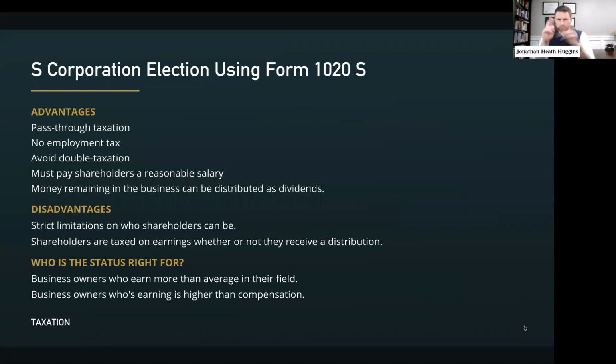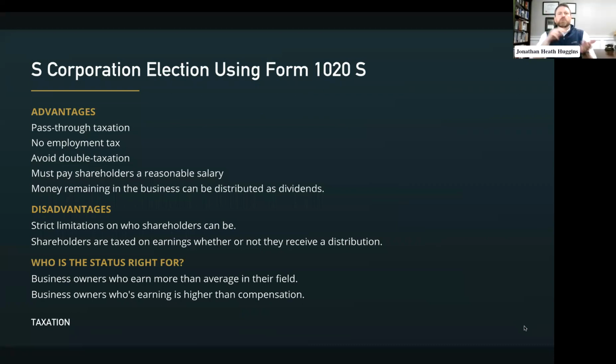But one important drawback is that if you own shares in the S corp and you actually do work in the business, maybe as a manager, you must pay yourself a reasonable salary. For example, if the managers are doing the work, they need to be paid a comparable hourly rate or a comparable salary.